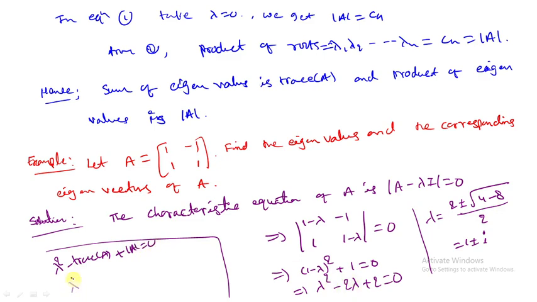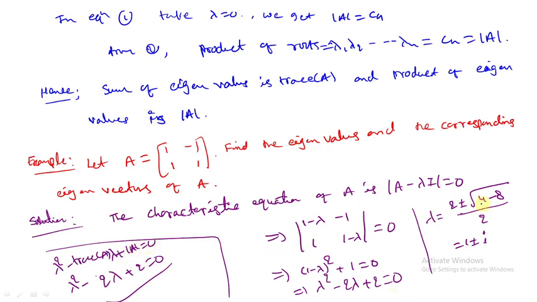Lambda square, what is the trace of this matrix? It is 2, times lambda, plus the determinant, 1 plus 1, which is plus 2. For a 2 by 2 matrix, you can write the characteristic equation as lambda square minus trace of A into lambda plus mod A equal to 0.